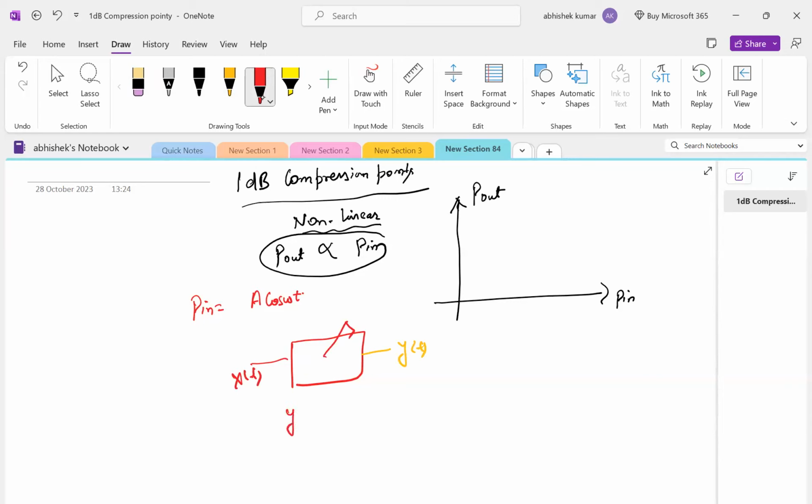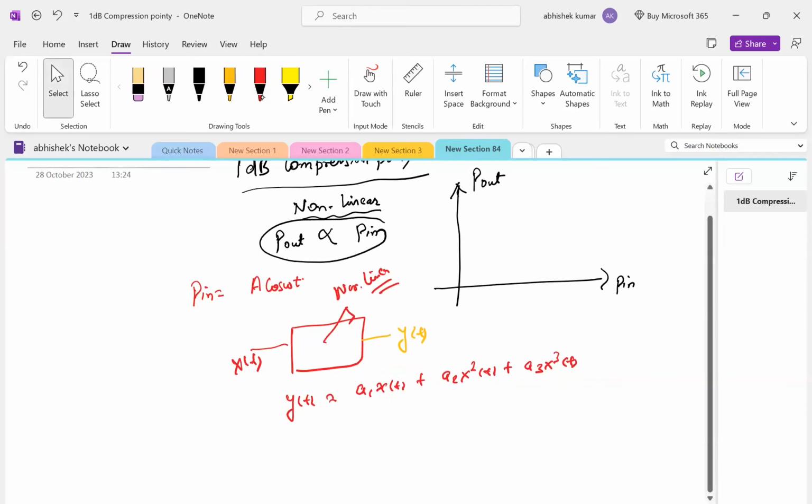Due to the non-linearity, your y(t) will have different components: a1 x(t) plus a2 x square(t) plus a3 x cube(t), because this is non-linear. So apart from your input term, you get other terms.